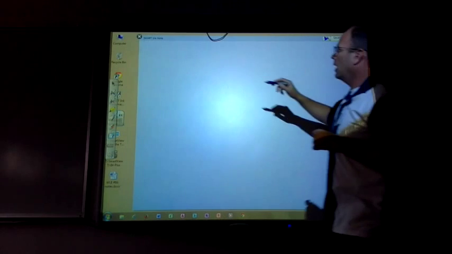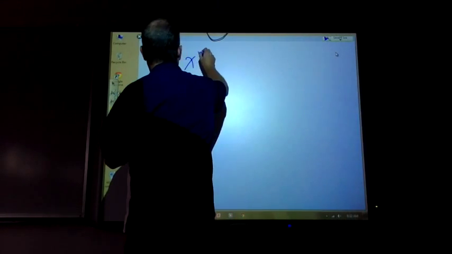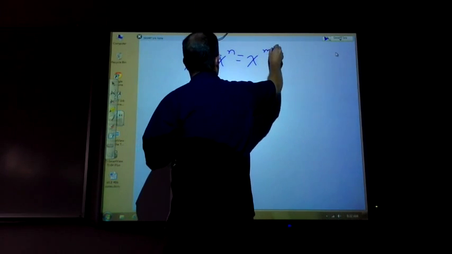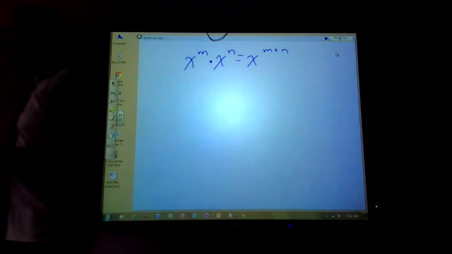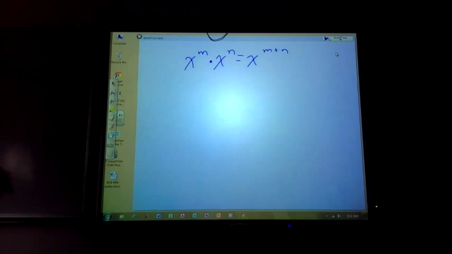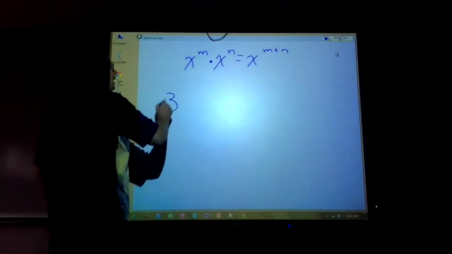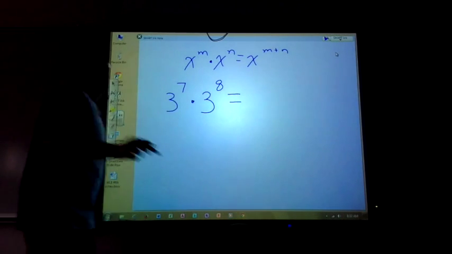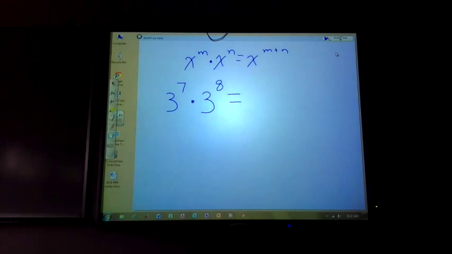Can I clear this for now? All right, so I'm going to use this property. Angelo, you're my first person I'm calling on. If I have 3 to the 7th power times 3 to the 8th power, and I want the answer as an exponent, what do you think the answer should be? 3 to the what power? 15.